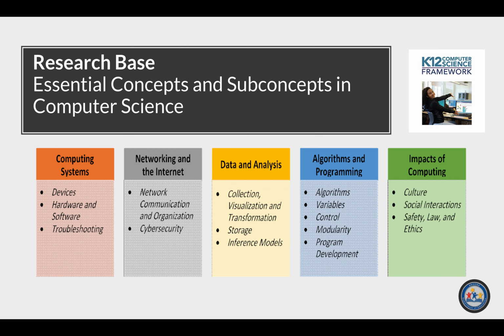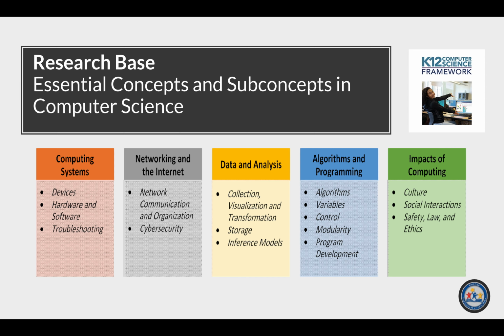The computer science standards are comprised of 5 essential concepts supported by subconcepts. Concepts are categories that represent major content areas in the field of computer science. The 5 essential concepts for computer science are computing systems, networking and the internet, data and analysis, algorithms and programming, and the impacts of computing.